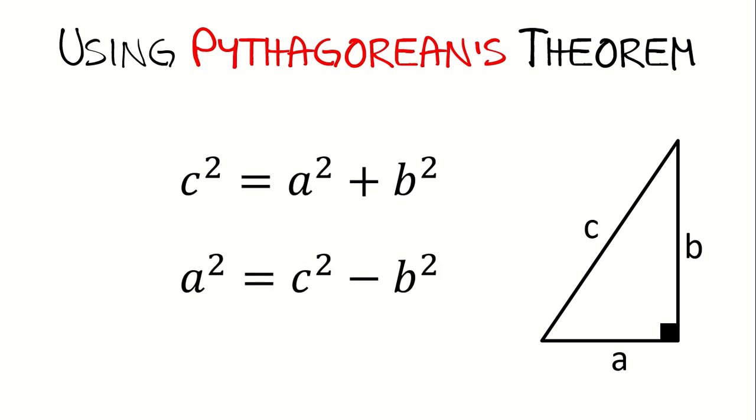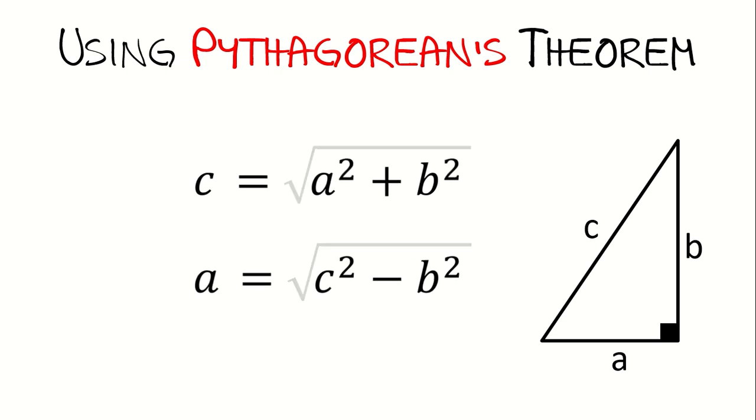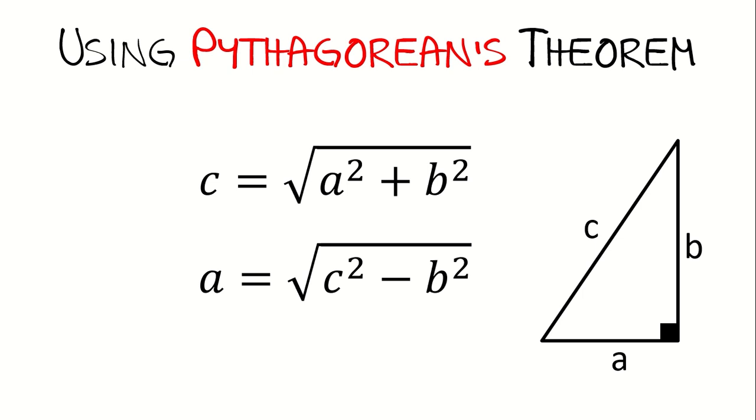And as a result, we can get A squared is equal to C squared minus B squared. So we can get the square root of both sides and get C is equal to the square root of A squared plus B squared.